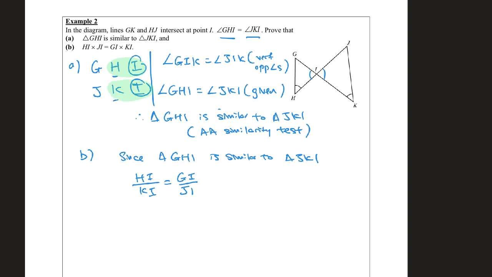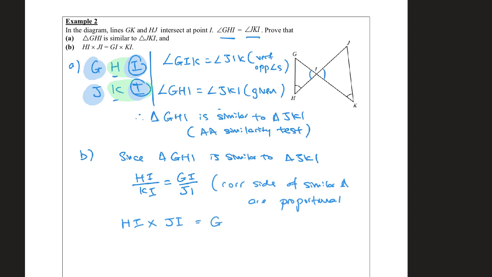Then we take JI, we find a partner. Okay, so we know that HI over KI equal to GI over JI because corresponding sides of similar triangles are proportional. And since that's the case, we know that HI multiplied by JI will be equal to GI multiplied by KI, and we have proven this.